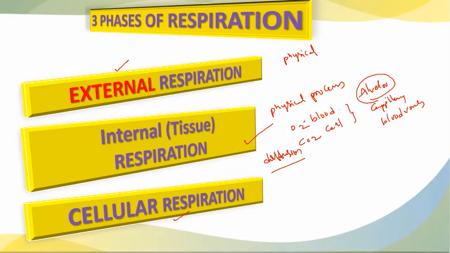It is an enzymatically coordinated, stepped chemical process in which glucose is oxidized inside the mitochondria and finally forms carbon dioxide, water and energy. This phase is called cellular respiration.